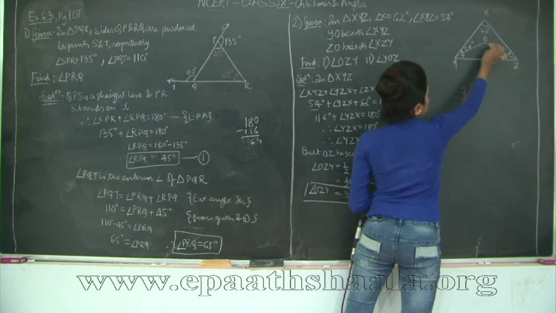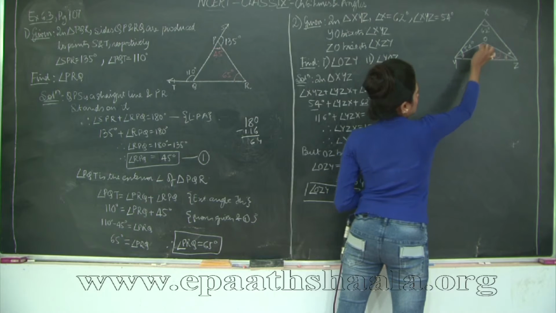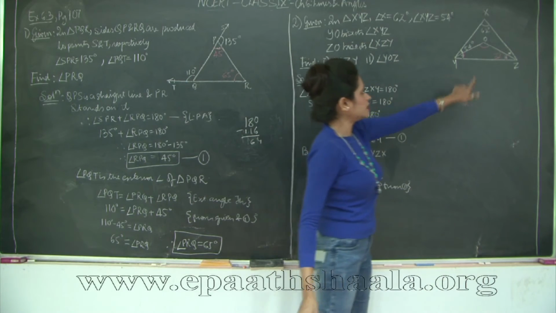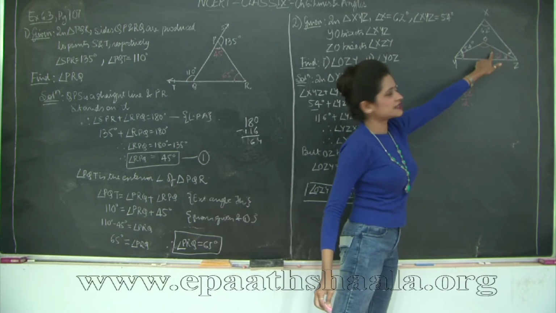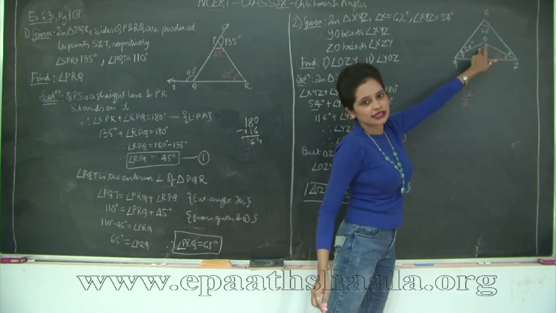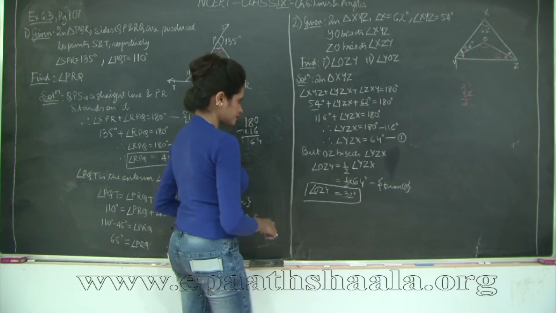Now in this small triangle over here, YOZ, you have this angle plus this angle plus this angle equal to 180 degrees. We just found this, we have this, and we have the sum of the measure of angles, which is 180 degrees. Obviously, we can find this measure of angle O. So let's now write it down.